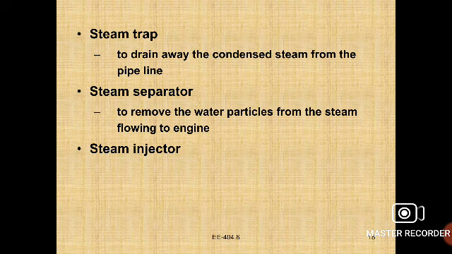Sometimes steam and water are both mixed together. The steam separator is used to remove the water particles, the tiny volume of water particles present inside the steam. Whenever we need to separate the steam from the water, the steam separator is used. Next, steam ejector.